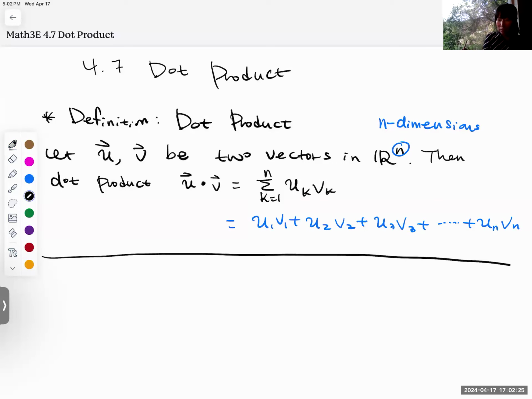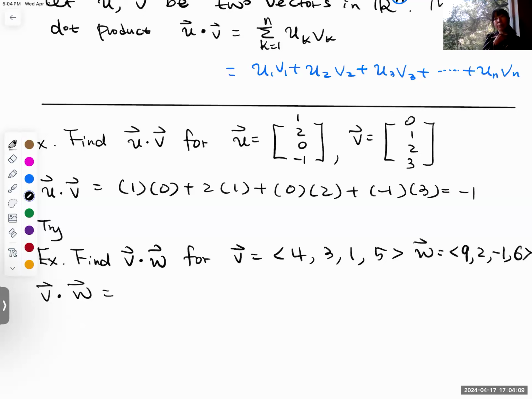Can you please try this one then? Find V dot W. So the dot product of V and W for V equal to 4, 3, 1, 5, and W equal to 9, 2, -1, 6. Okay, V dot W. Can you please try?